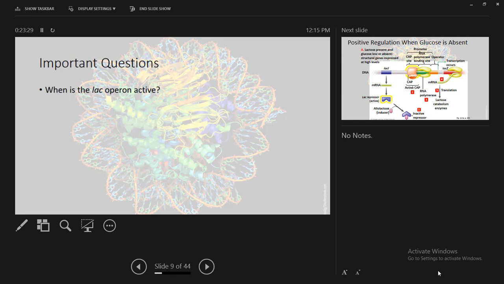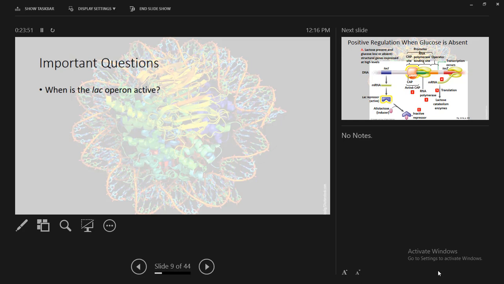Yes. And so if glucose is absent in that stage, there will only be galactose and the operator will fail to attach itself. Okay. Yeah, Autumn. Is there an enzyme that has to be there?